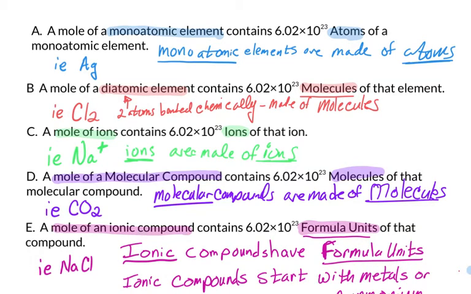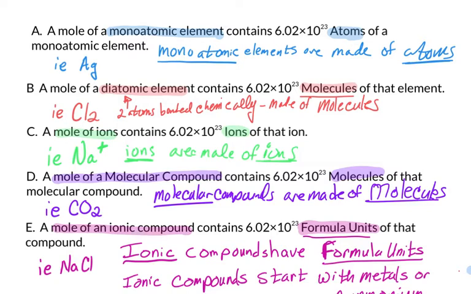So we know something is an ion, a single ion, like we might say the sodium ion or the silver ion, we're going to use the word ion. If we know something is a molecular compound because it starts with a nonmetal, then we're going to say it is molecules. And if we see something as ionic, because it starts with a metal, we know that it's ionic, then it's going to use the term formula units.